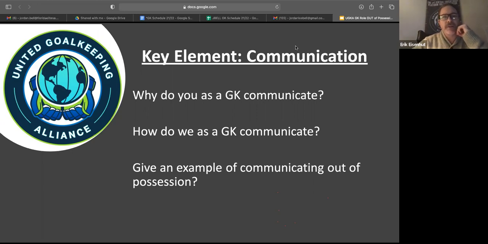Communicate so other players on the field know what is going on if they can't see something. Maybe they're ball watching or they're watching something else. I like that one, actually. Yeah, good answer. How your teammates can help you. You're organizing your team. Communication, because we need to tell defenders what to do because you're the leader of the defense. Laura, that's an excellent one.